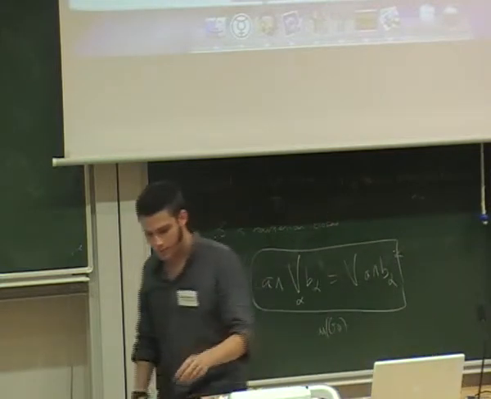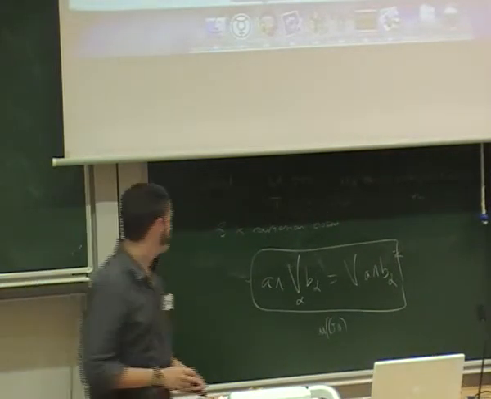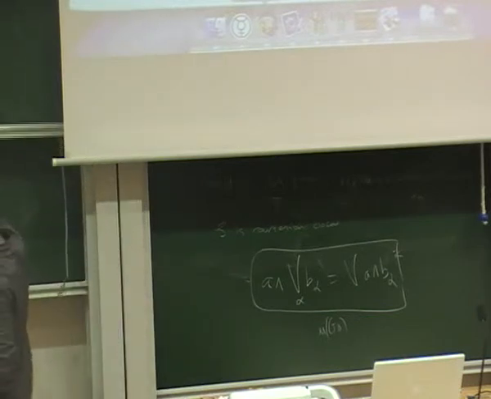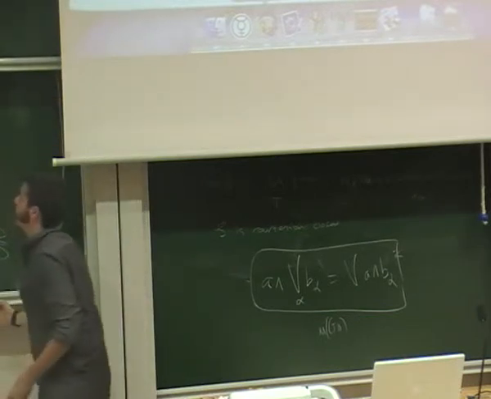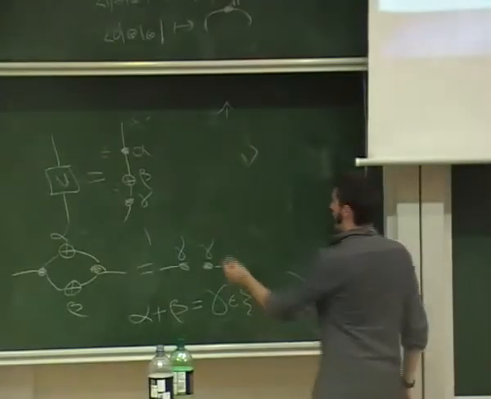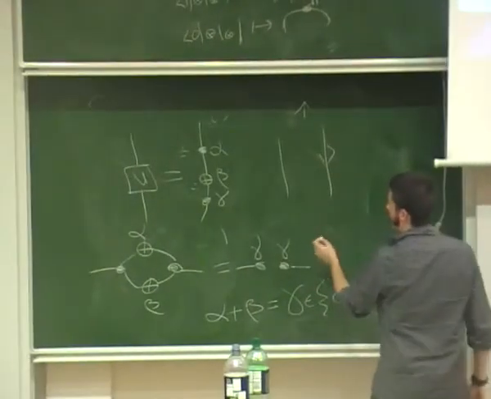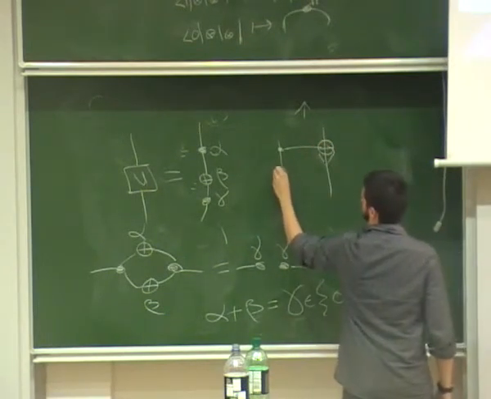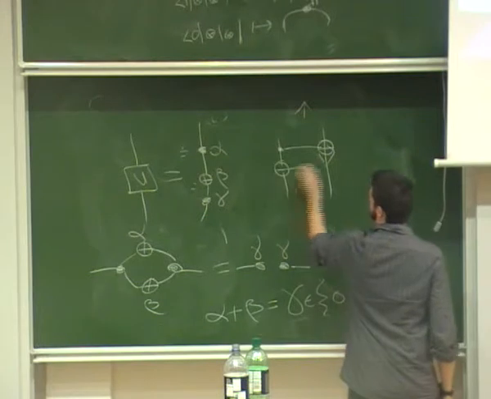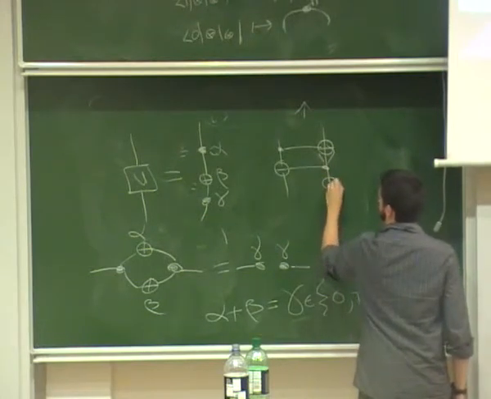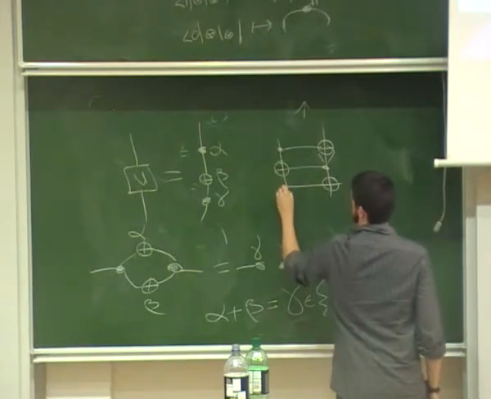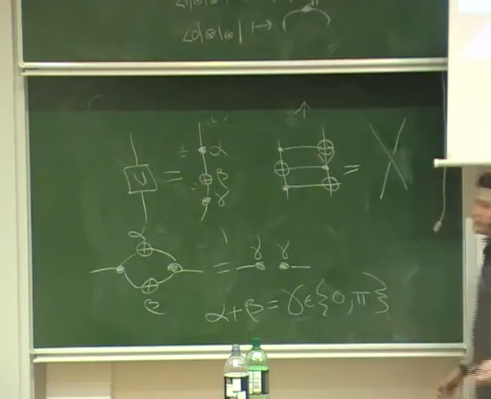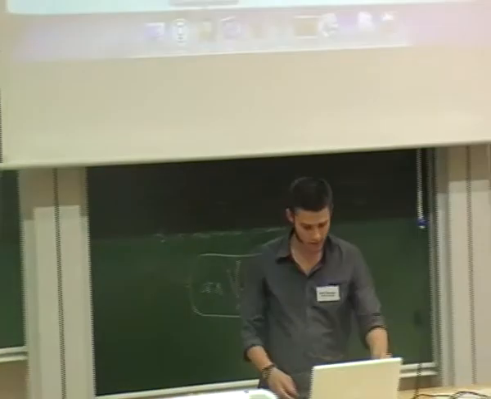One of the first examples they show you in the circuit model of quantum mechanics is the way you do a qubit swap. You do a controlled NOT here, a controlled NOT here, and a controlled NOT here. A real simple example to swap the qubits.